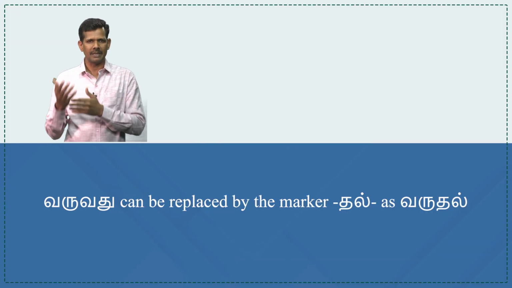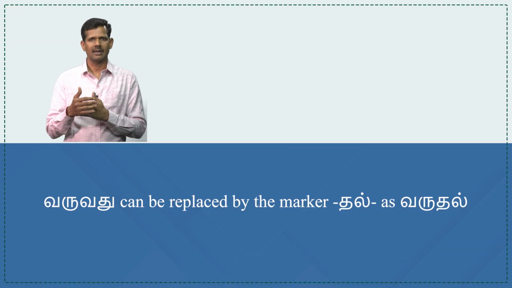வருவது can be replaced by the marker தல் as வருதல். நேரம் தவறாமே வருதல் நல்லது. Coming on time is good. Even after replacing the term வருவது with வருதல், the sentence gives the same meaning. It seems like it is referring to the future or habitual form.